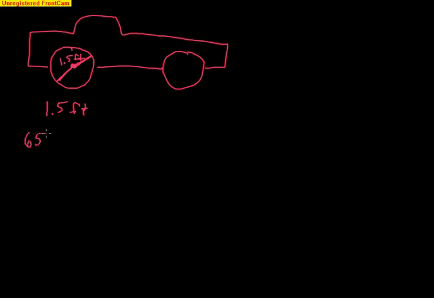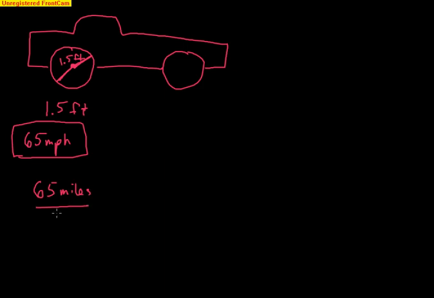Okay, so one question I can ask you is, how many revolutions is that tire going? So how many times is that tire spinning? Okay, this is its linear speed right here, 65 miles per hour. I want to know how many revolutions it's spinning. So I got to think, okay, it's going 65 miles per 1 hour. So there's my linear speed right there.